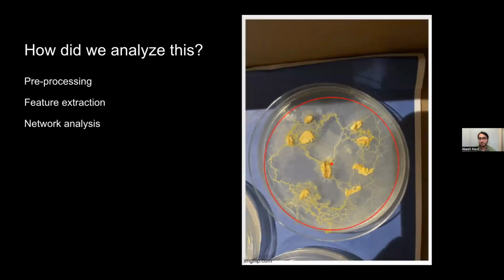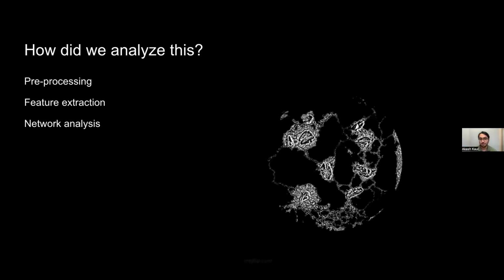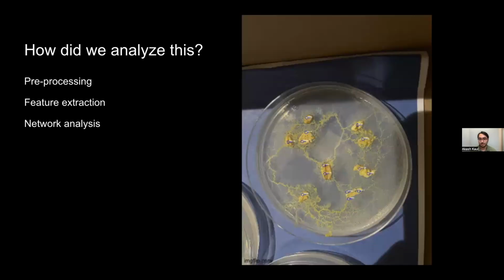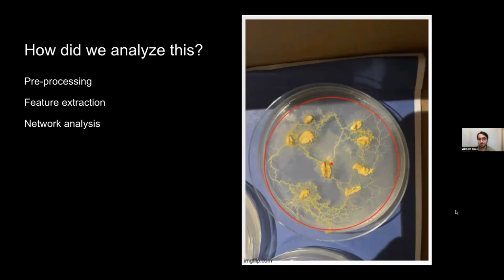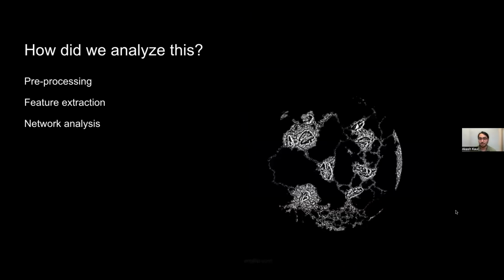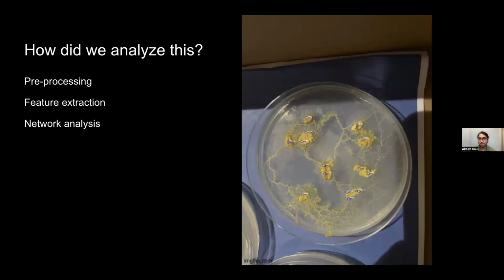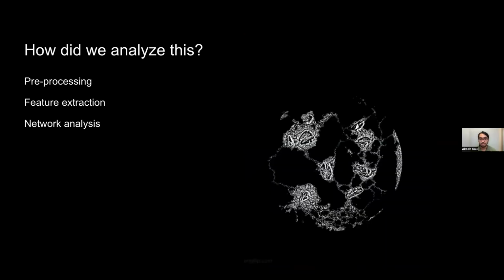Yes. So in addition to visual verification of the structures, we also wanted to be a little bit more mathematically rigorous when it came to actually analyzing these structures. And so we leveraged many different image analysis techniques using Python and OpenCV. A lot of these were based off of research that's currently out there that has done similar work with slime molds.